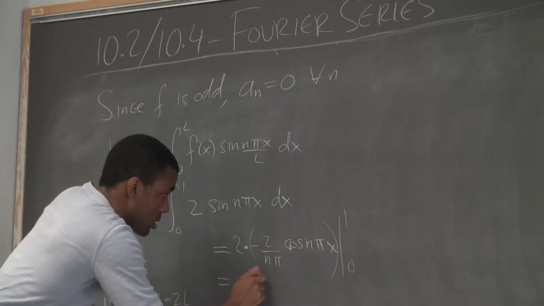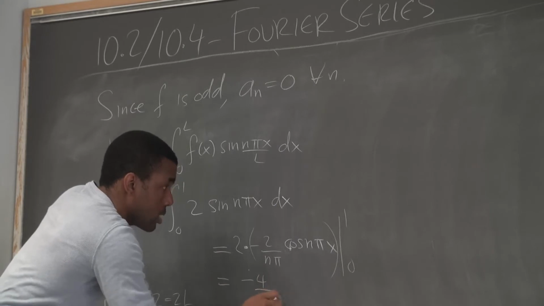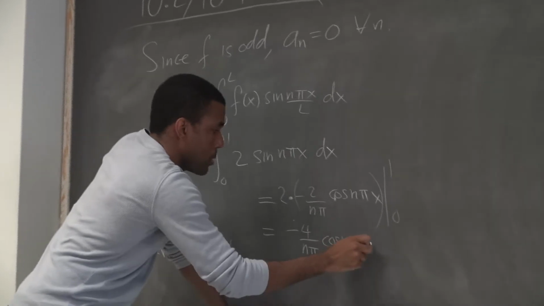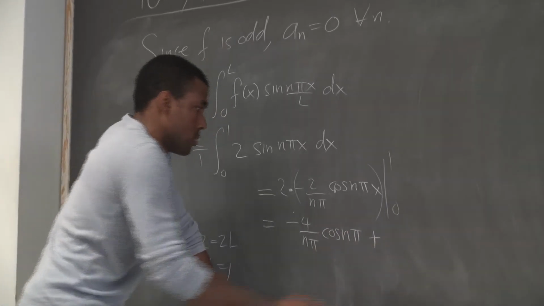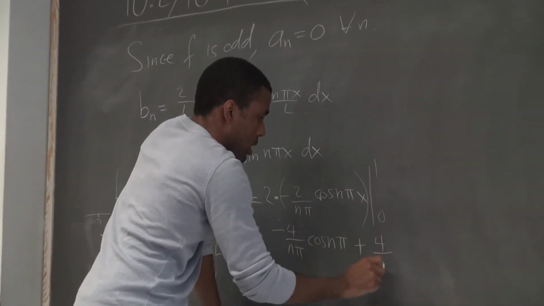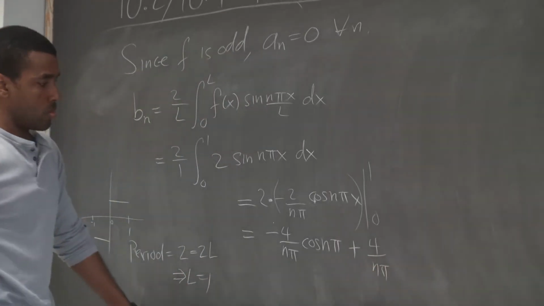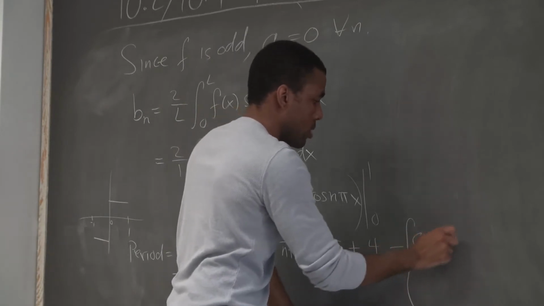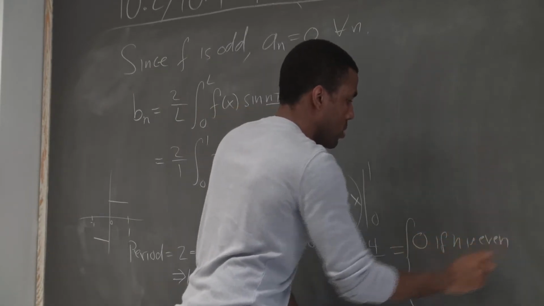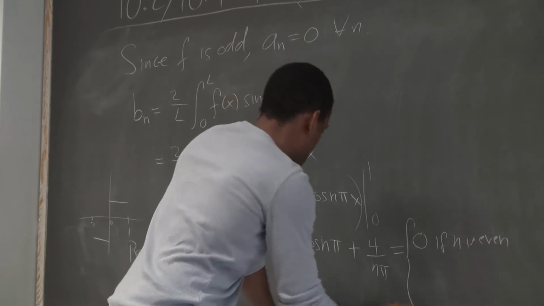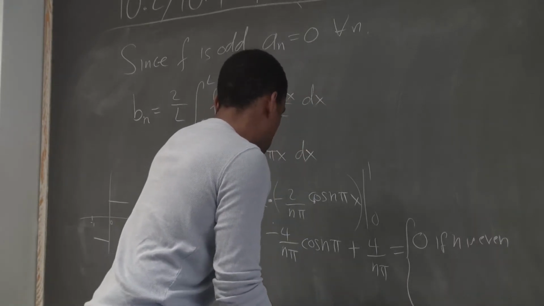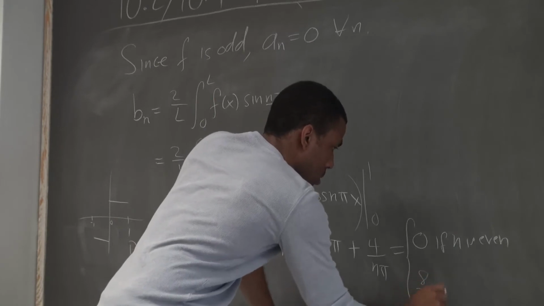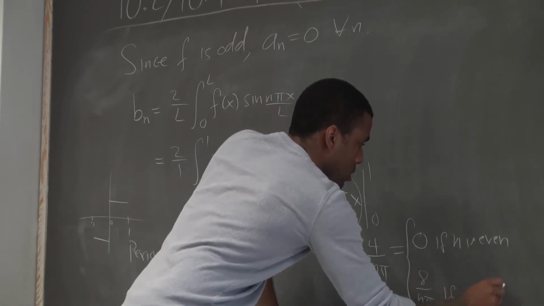So it's going to be minus 4 over n pi cosine n pi, plus, plug in 0, you just get 4 over n pi, which we know will be equal to 0 if n is even. It will be equal to 8 over n pi if n is odd.